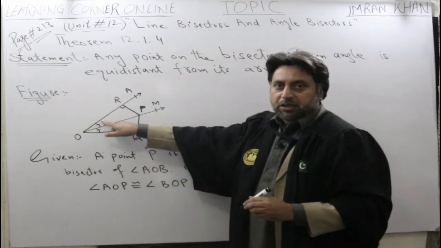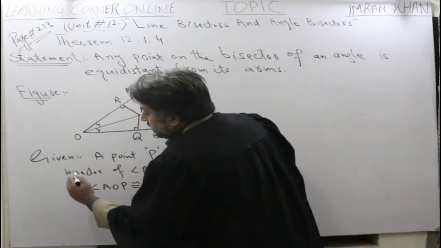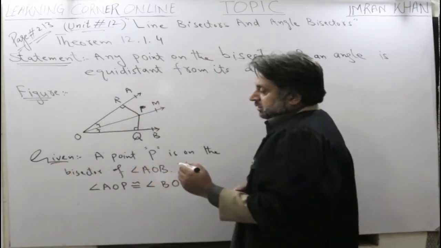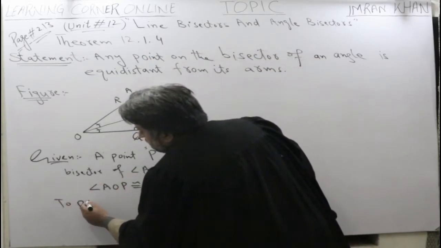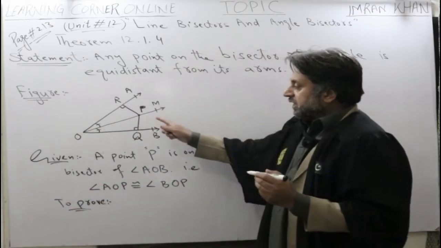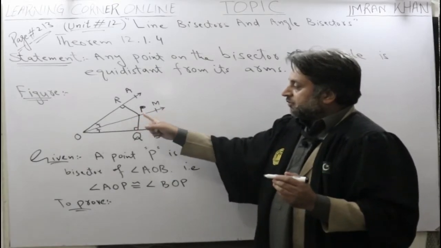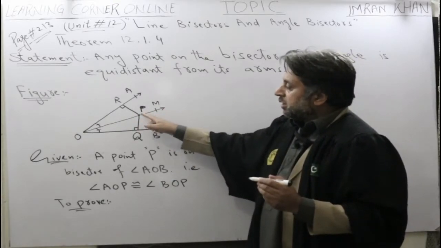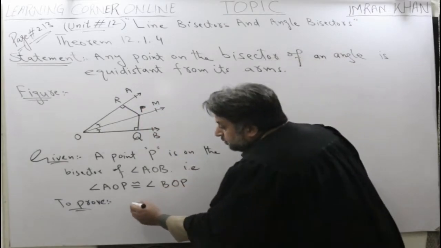These two angles are congruent. Now our next element is to prove. We need to prove that any point on the bisector of an angle is equidistant from its arms. PQ is congruent to PR.